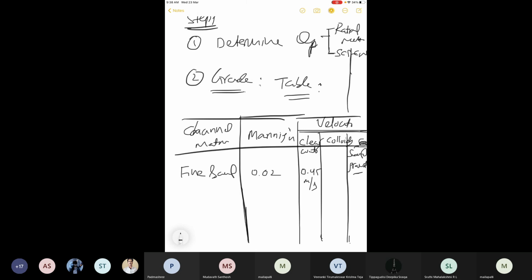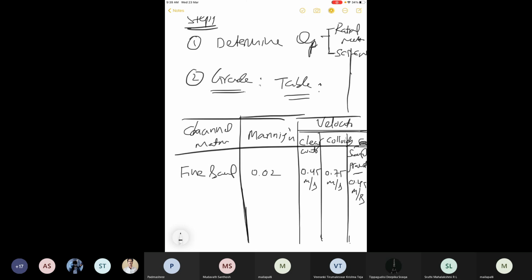If the water contains colloids, it will be 0.75 meter per second. If it contains sand or gravel fragments, this will be 0.45 meter per second. So these are the permissible velocities. The table is available.